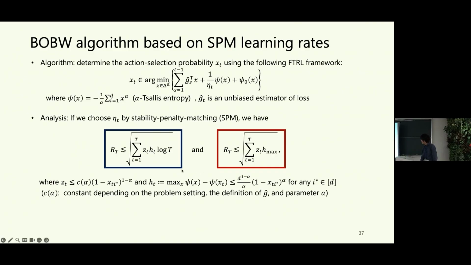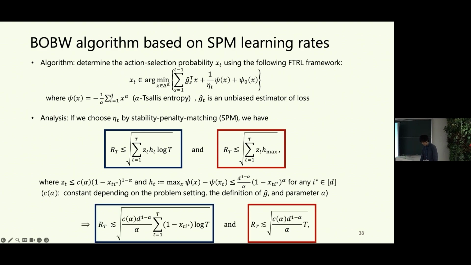Then in the case of bandit problems, ZT and HT are bounded as this. Here, C alpha is a constant depending on the problem setting and the design of the gradient estimator. So by combining these two inequalities, we get two different upper bounds.